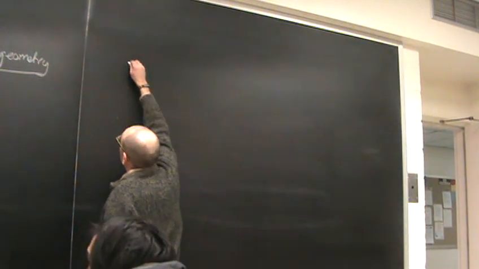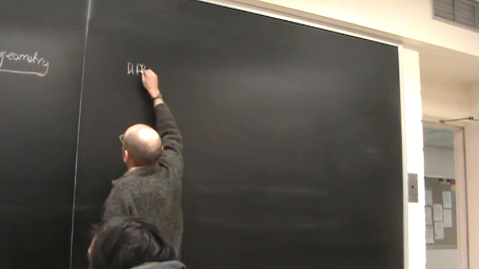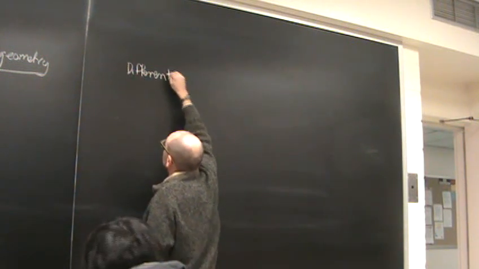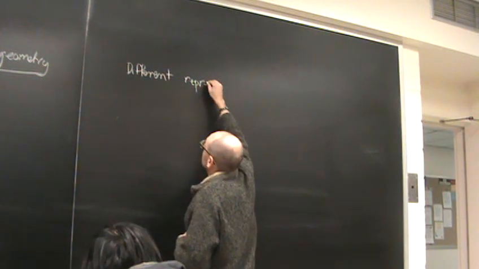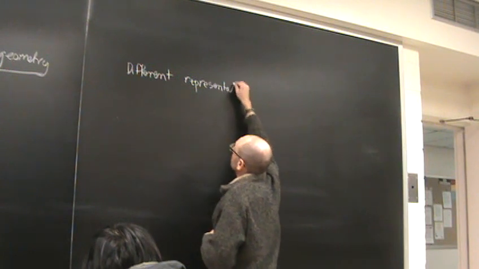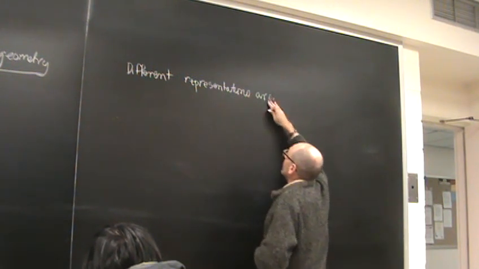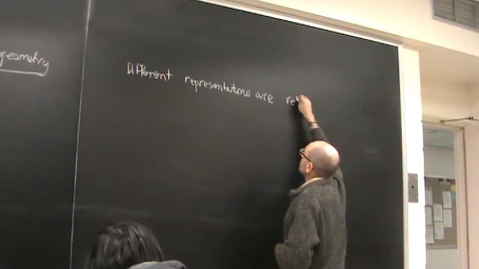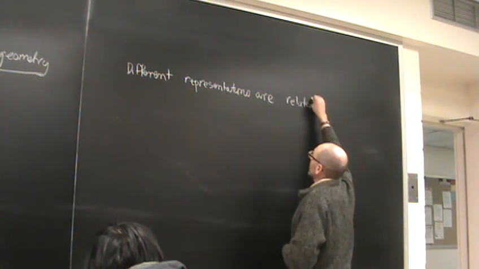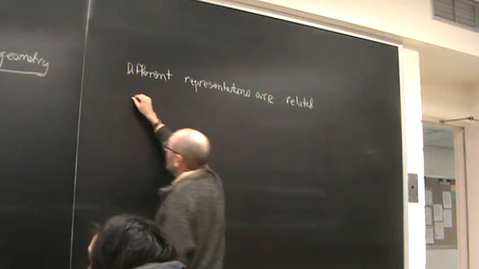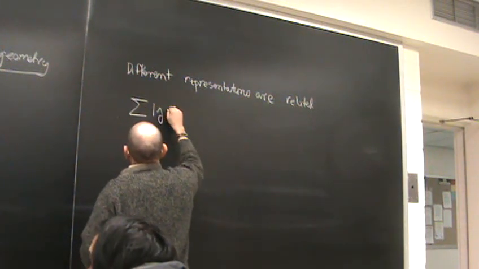So, different representations are related. That is to say, they both form a resolution of the identity.